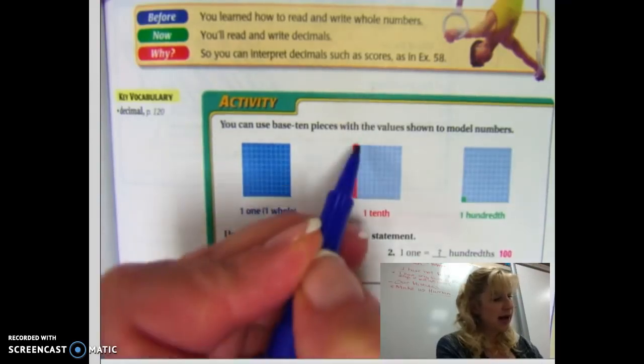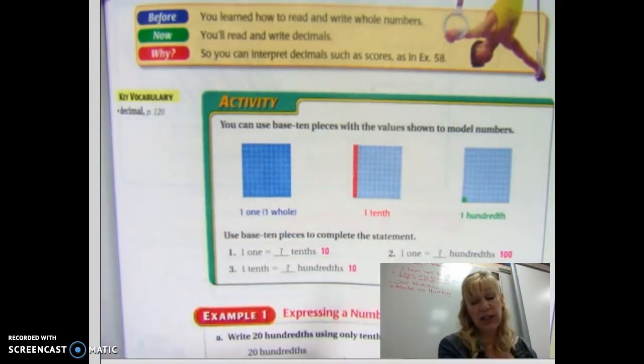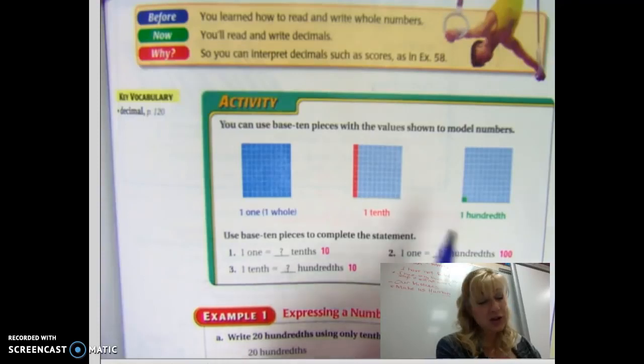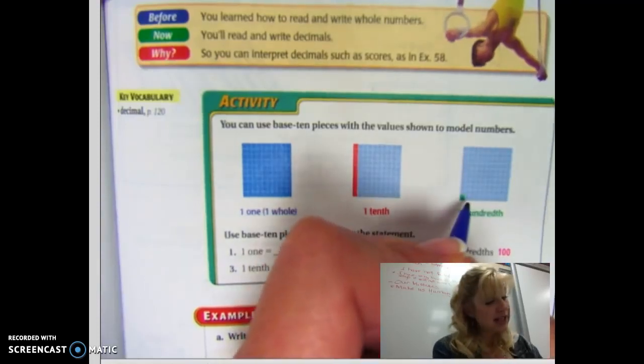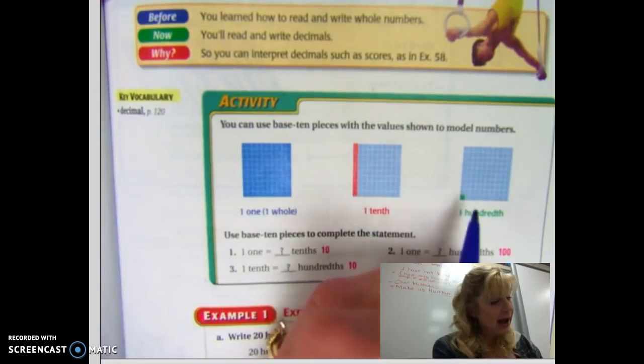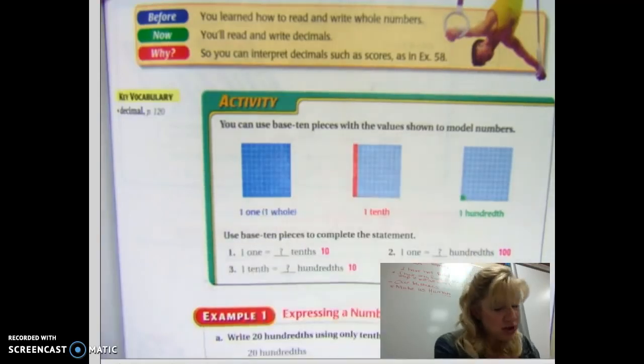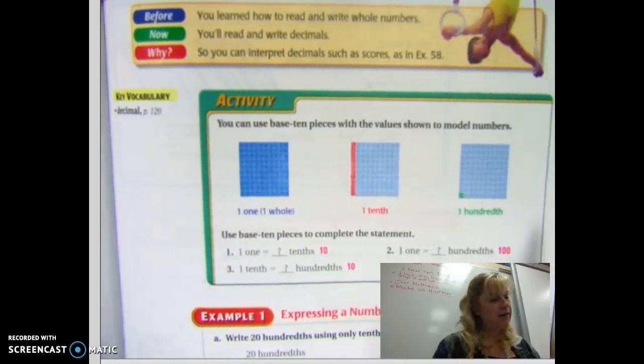So this red highlighted section is equal to 1/10 of that whole square. And this little green guy is 1/100th. Now to picture 1/1000th, you would have to take this little green guy and cut him into 10 pieces. So it would be just a little sliver of that amount.